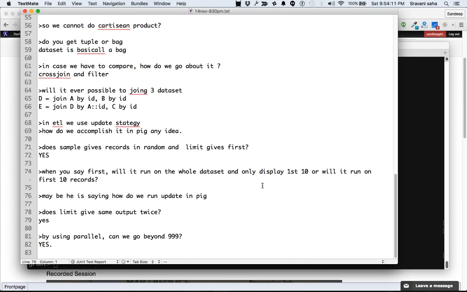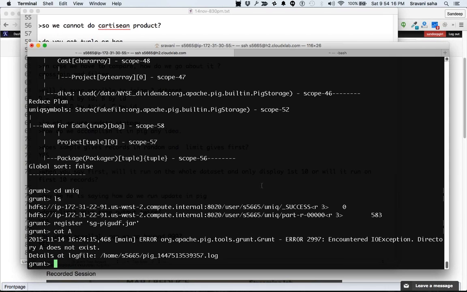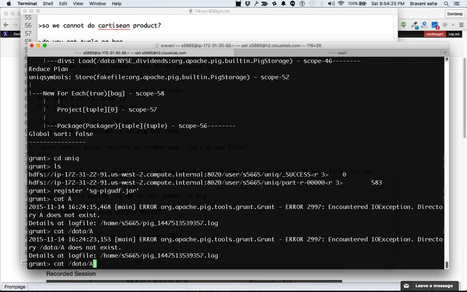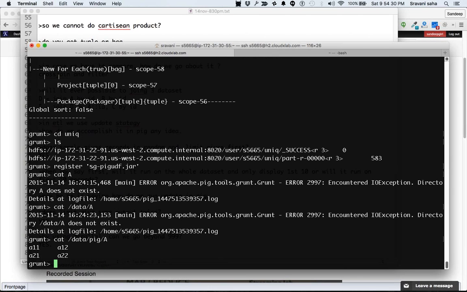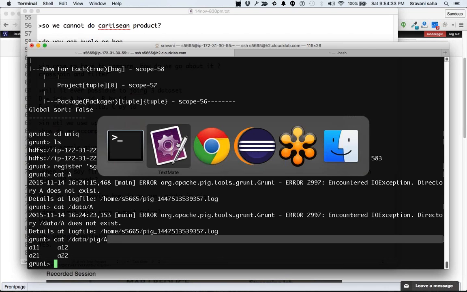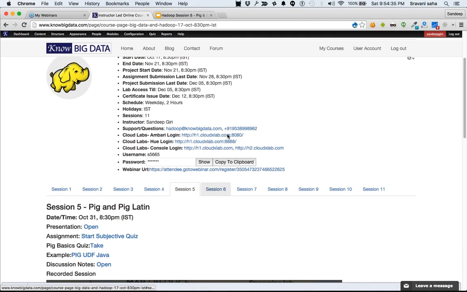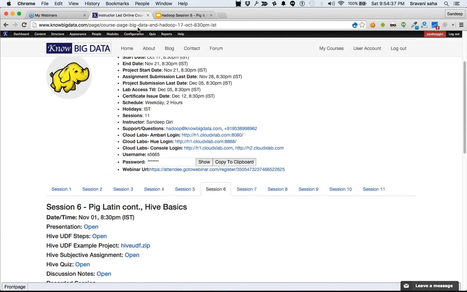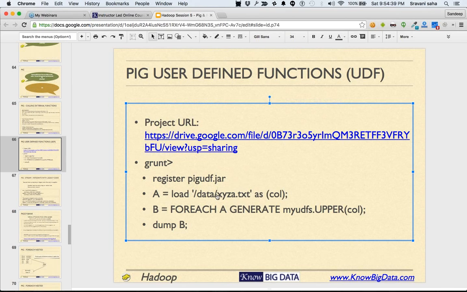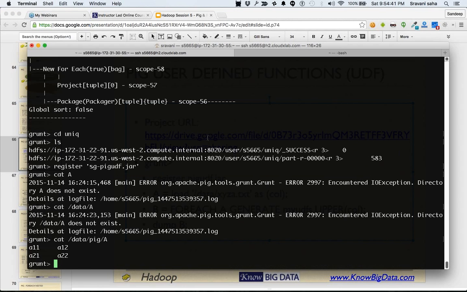Now we can do things. Let's say cat a does not exist, cat data a, it does not exist. Let's try to run our code on this particular file. Do we have xyza?